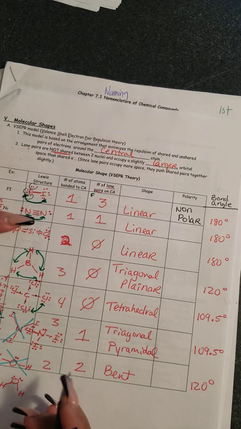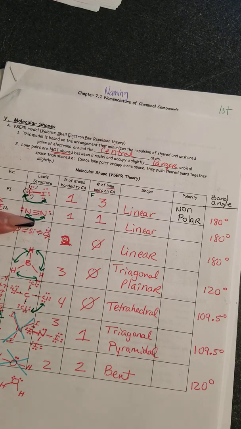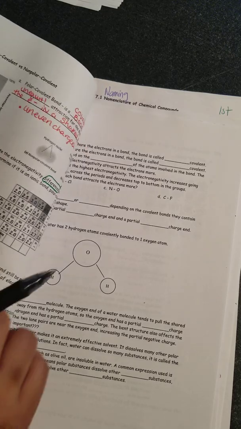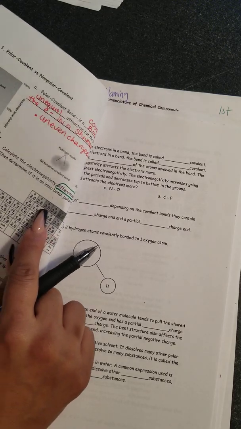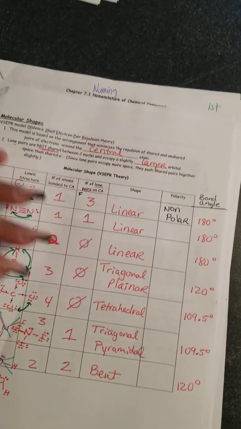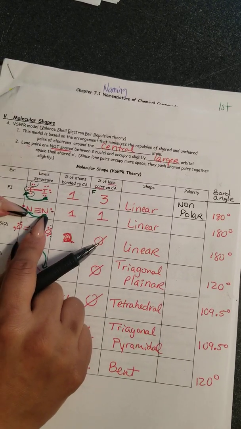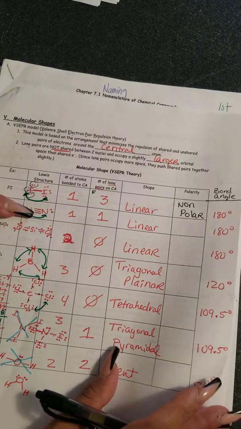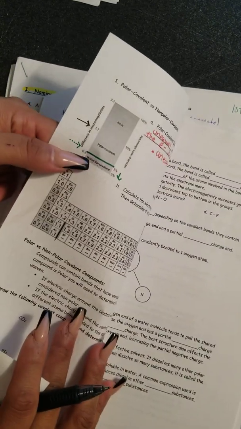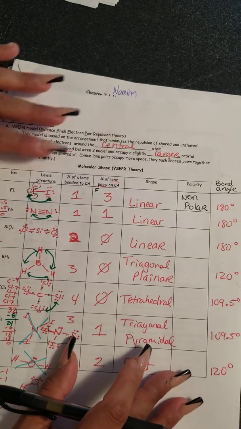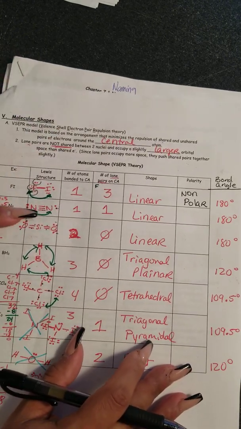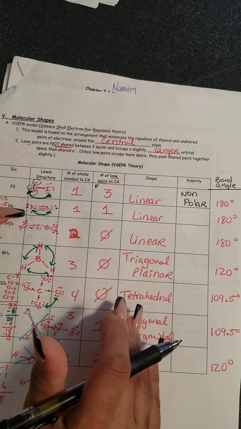Let's look at nitrogen. We can go back and do the math. We can go to the next page, go to nitrogen, which is 3.0 right here. Oops, sorry. So 3.0 take away 3.0 ends up being a 0 value. Anything below 0.3 is non-polar. So 0 is definitely less than that, and if you look at the shape, it's a nice straight line.